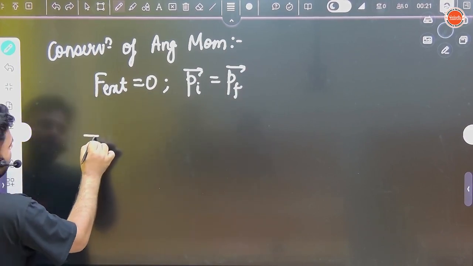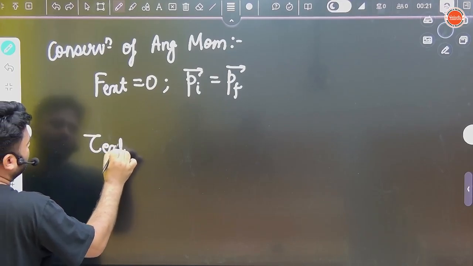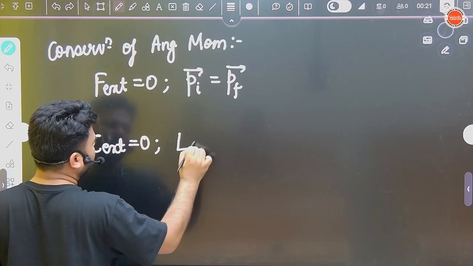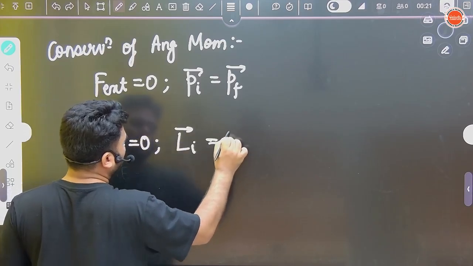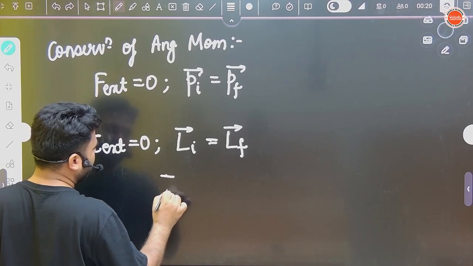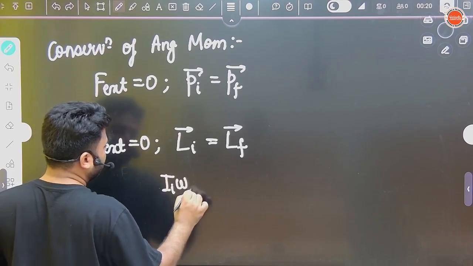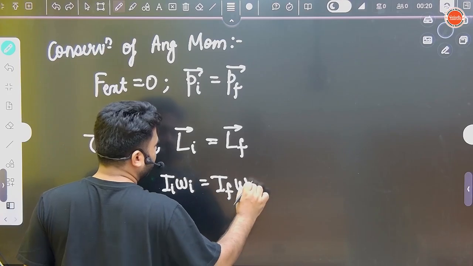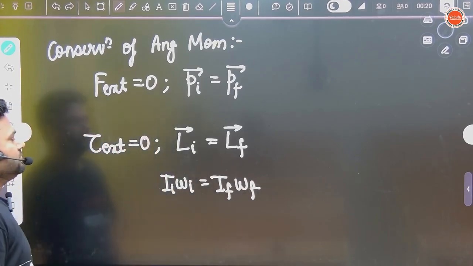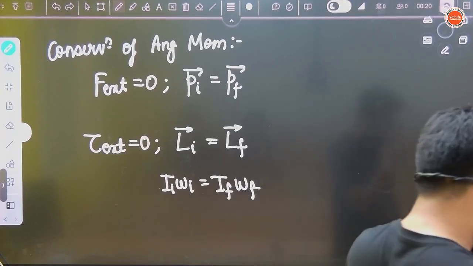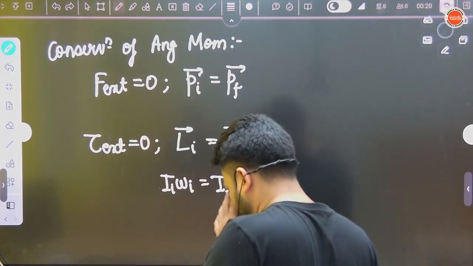Similarly, if external torque is 0, if there is no net torque on the system, then total angular momentum initial equals total angular momentum final. Means I initial omega initial equals I final omega final. We can write. Correct?